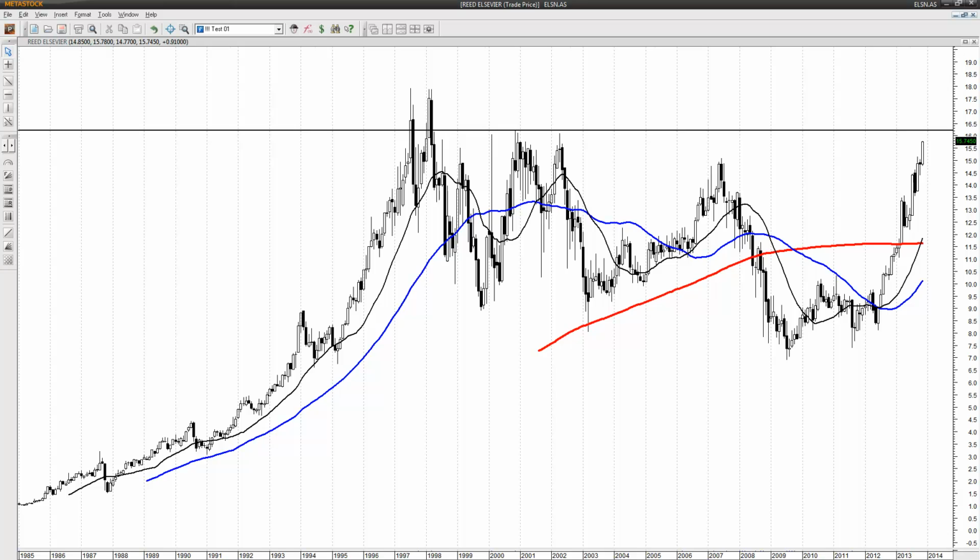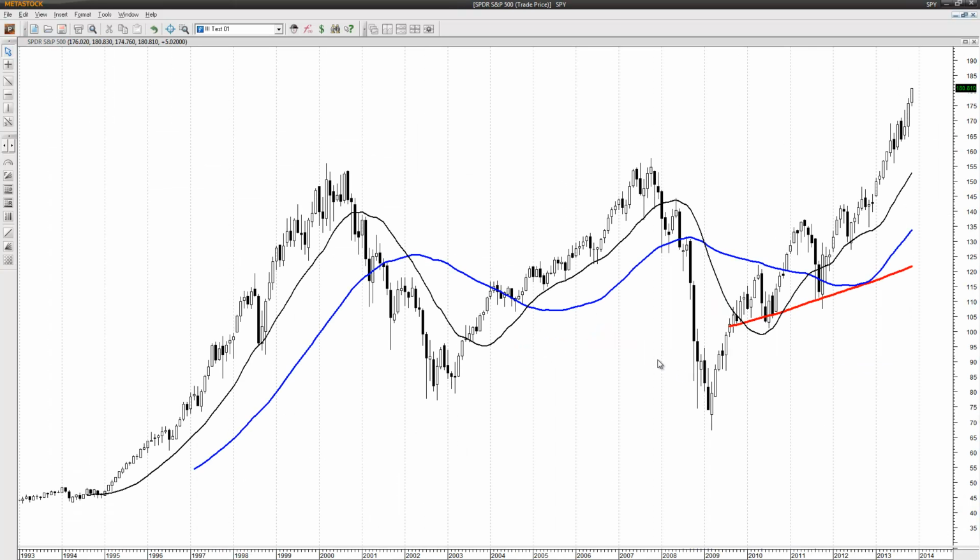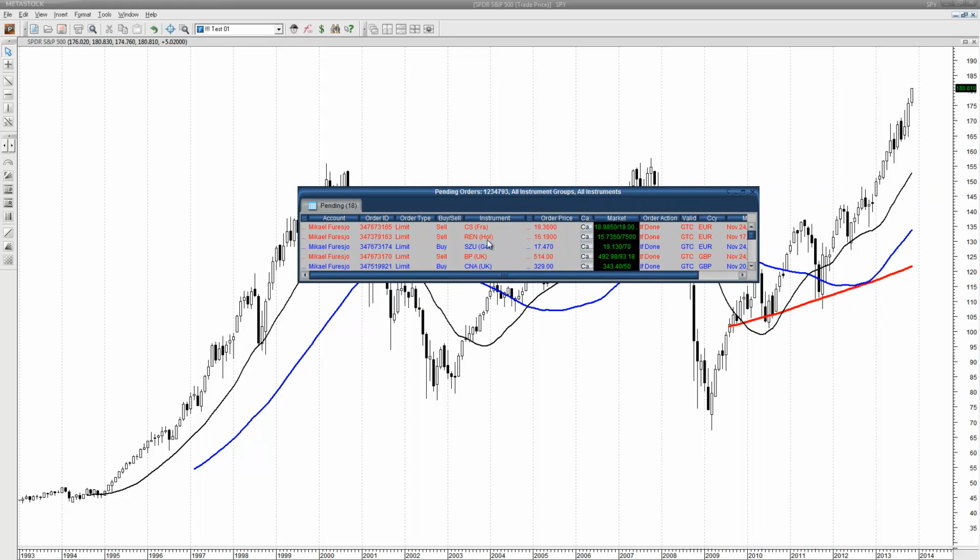Okay, that was my 5 stocks from the European market that I put limit orders on. I'm going to give you the complete list. AXA short sell at 19.36. Reed Elsevier from Holland, 16.19, short sell limit order.